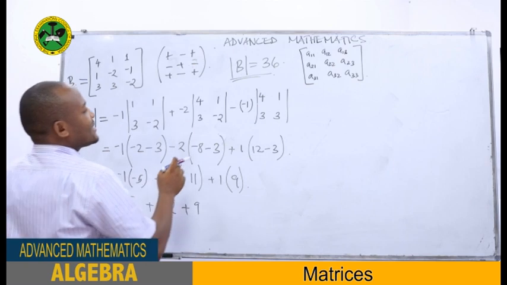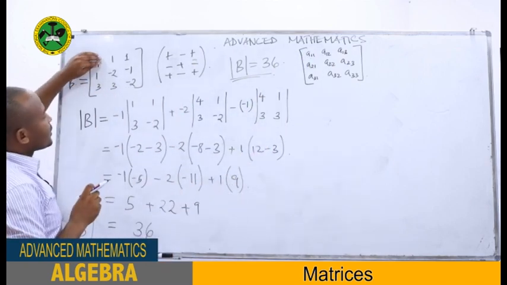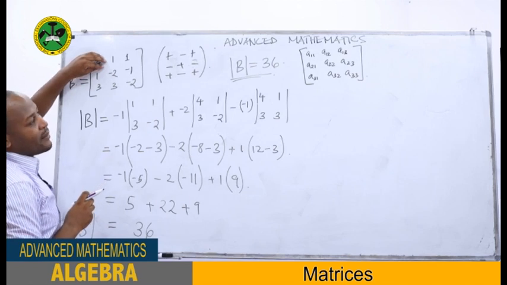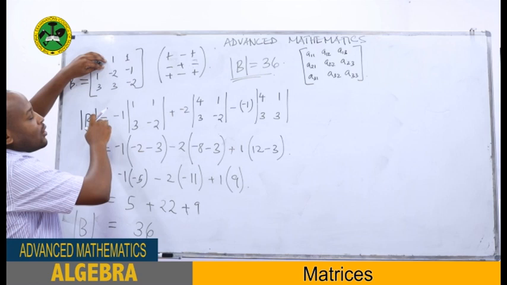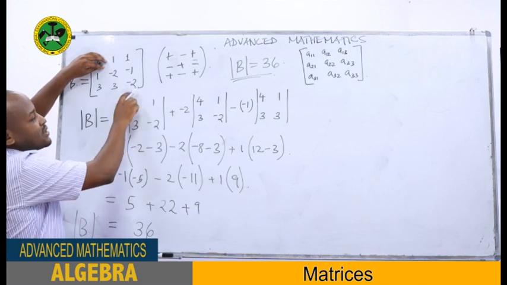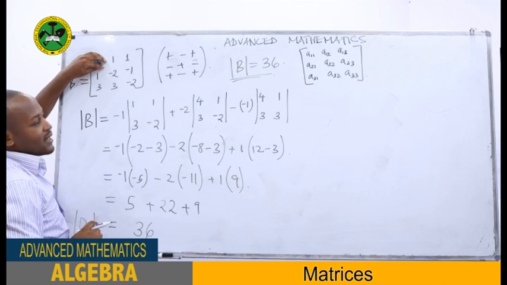Now, when I say A1,1, what do I mean? I mean the cofactor of that element, which will be the determinant of the 2 by 2 matrix that is left after covering the element from that position.